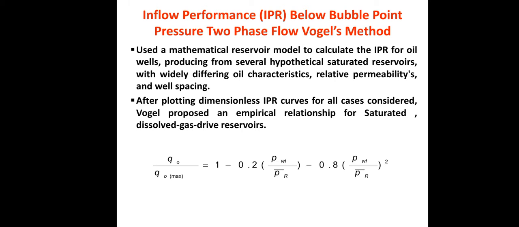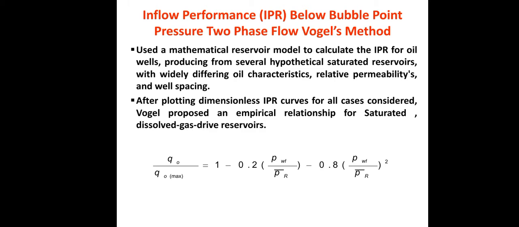After plotting the dimensionless IPR curves for all cases considered, Vogel proposed an empirical relationship for saturated dissolved gas drive reservoirs. As I said, you will have gas once you go below the bubble point pressure.